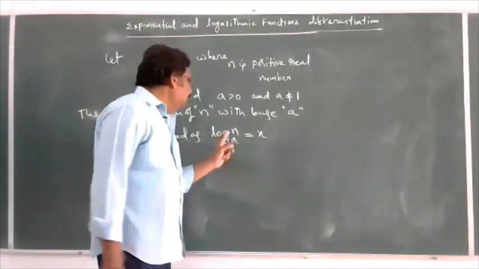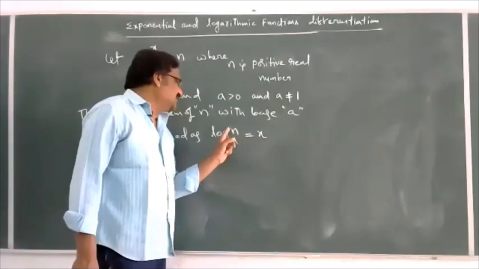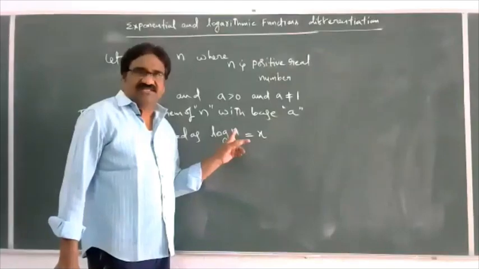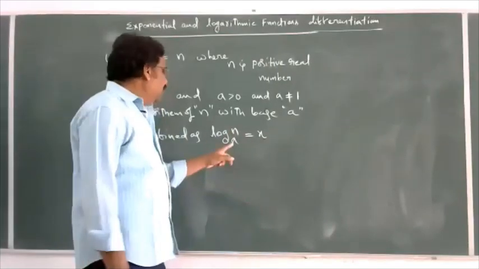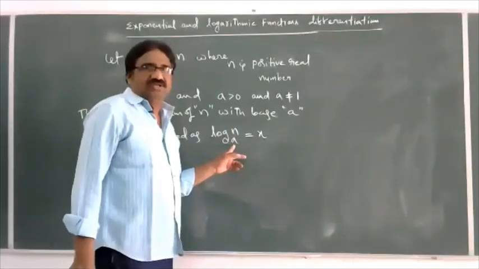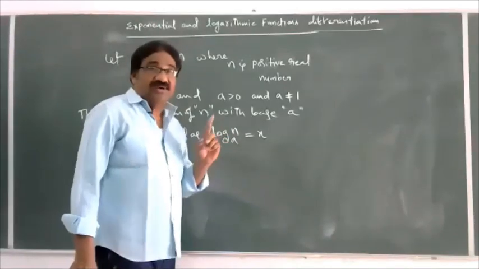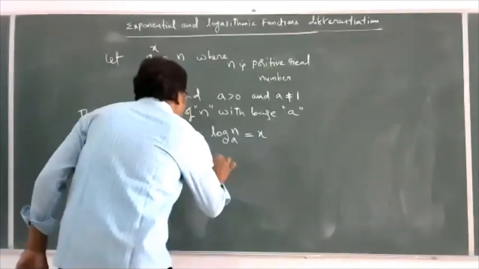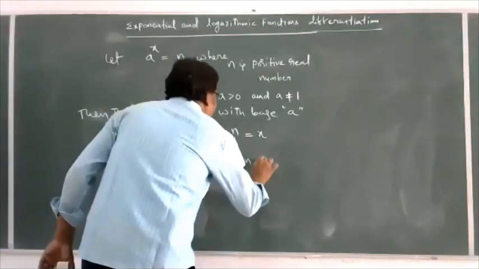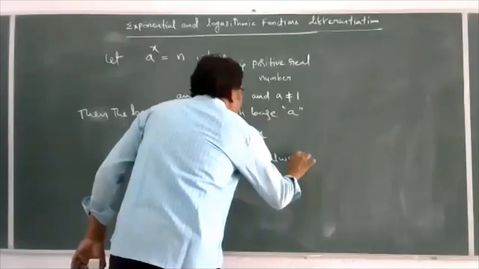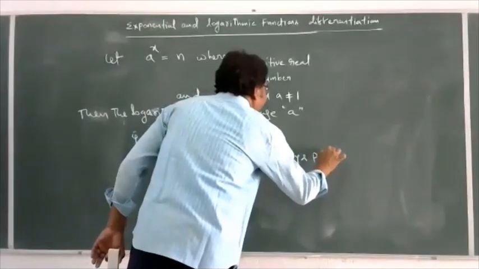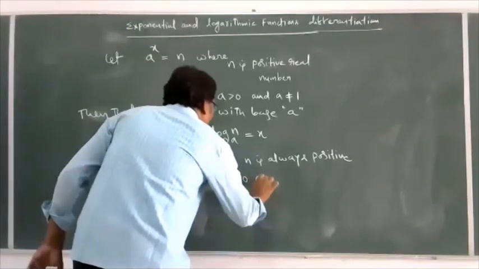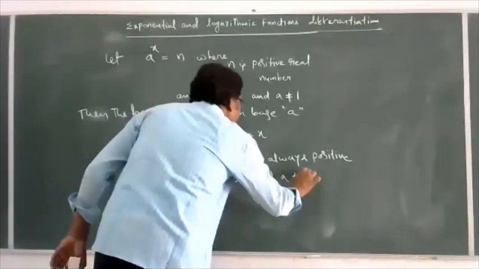Here, compulsorily, n in the logarithm of n is always a positive real number. Logarithms of negative real numbers are not defined. Here the base a is always positive, but a is not equal to 1. Note here: n is always positive, a is greater than 0 and a is not equal to 1.